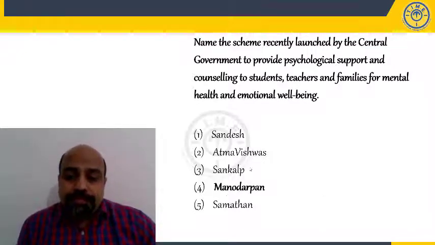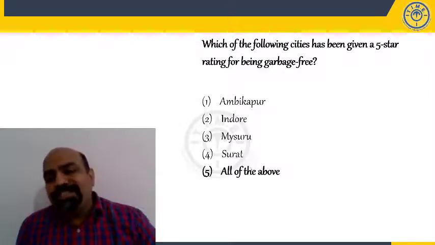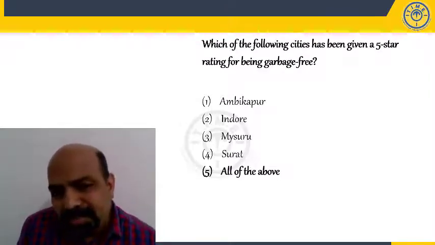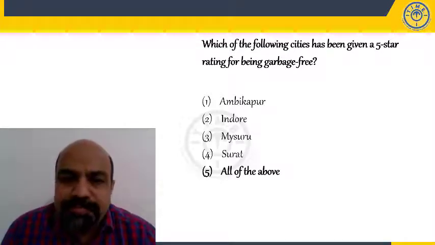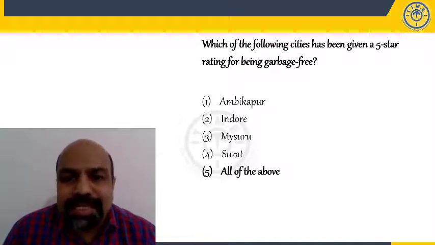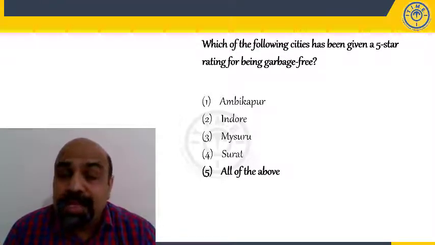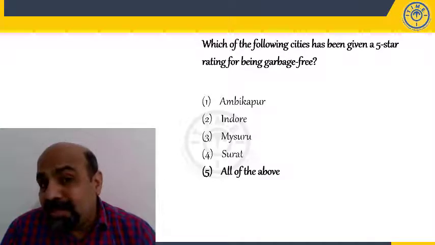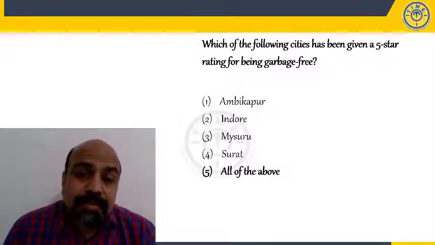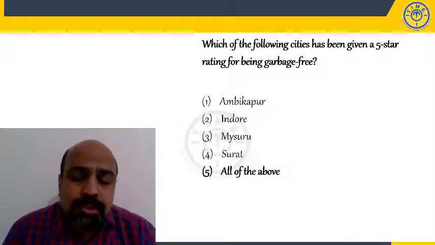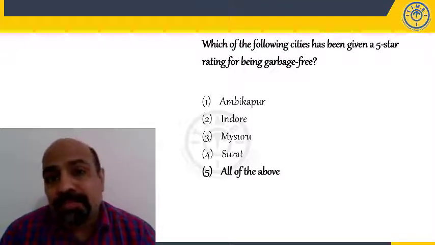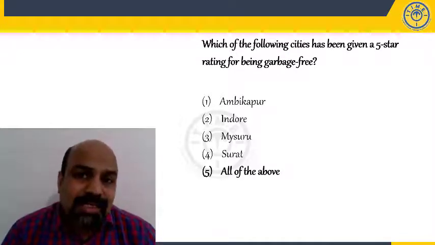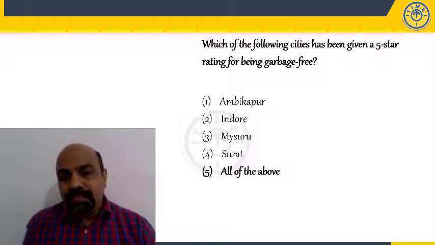So, which of the following cities have been given a 5-star rating for being garbage free. In fact, there are 6 cities. 4 are listed here. Ambikapur in Chhattisgarh, Indore in Madhya Pradesh, Mysuru in Karnataka, Surat and Rajkot in Gujarat, Navi Mumbai in Maharashtra.